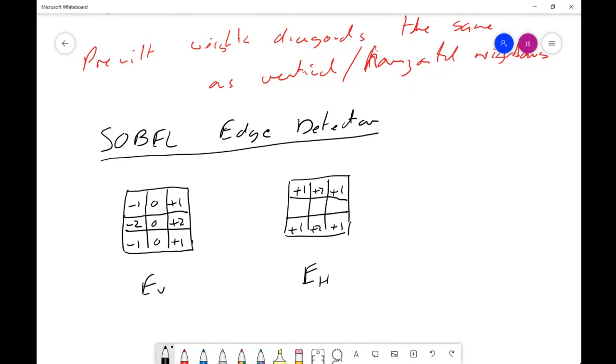Now, why 1 and 2? Well, the true difference in distance is if the horizontal left-hand pixel is a distance of 1, the distance of the diagonal is root 2, and that is 1.4. Now, we don't want floating point numbers in the processing.